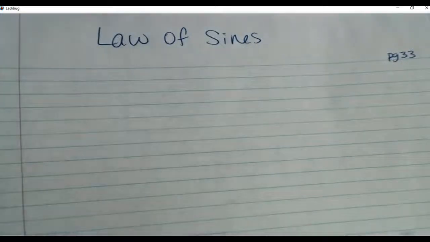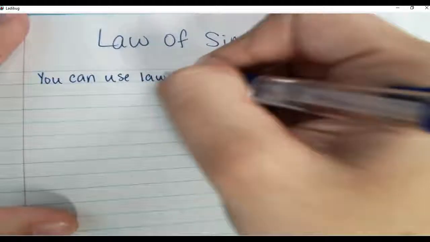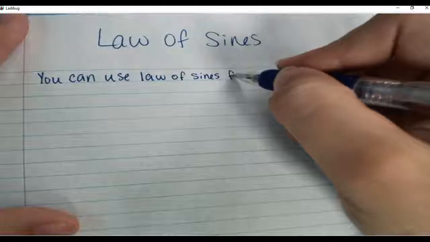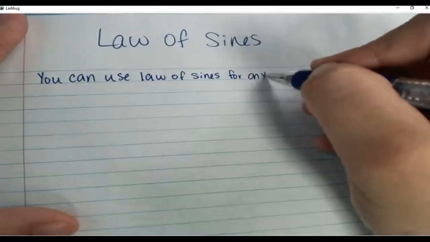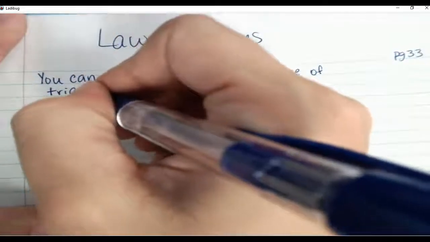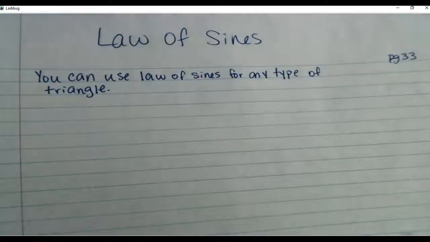But law of sines you can use for any type of triangle. You can use it for a right triangle if you want to, but you can also use it for obtuse or for acute.